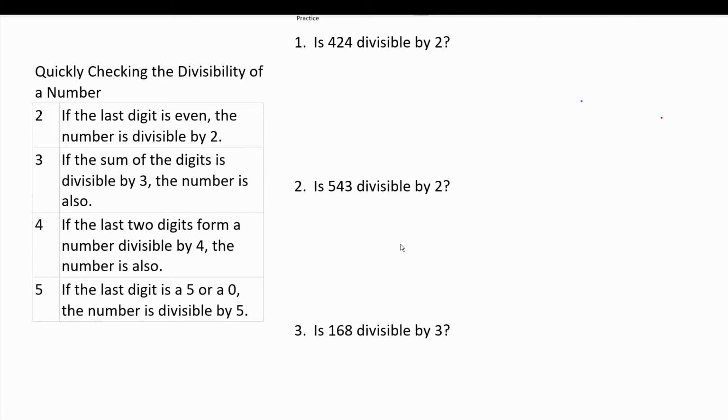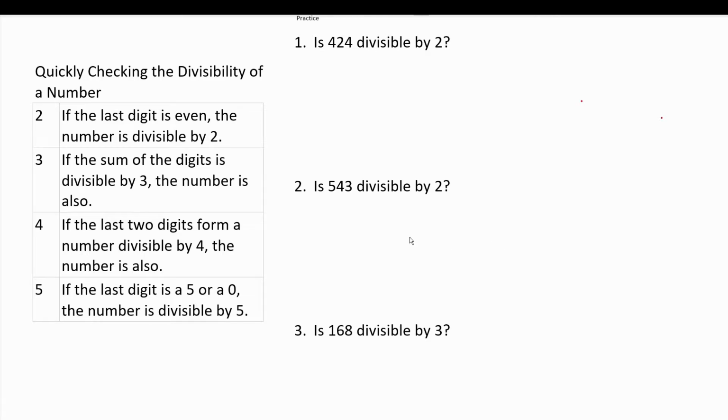As we just saw, a number is prime if it's only divisible by 1 and itself. In other words, if a number is divisible by 2, 3, 4, or 5, it is not going to be prime. And thankfully enough, we can quickly check to see if a number is divisible by 2, 3, 4, or 5 without having to do any long division whatsoever.